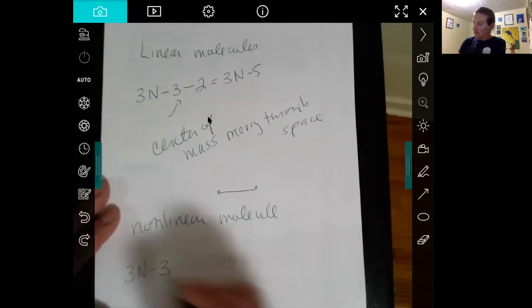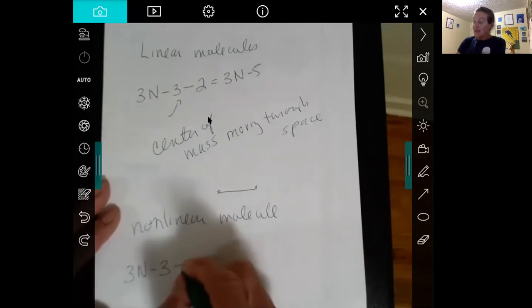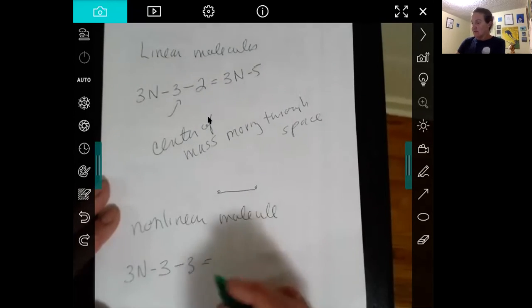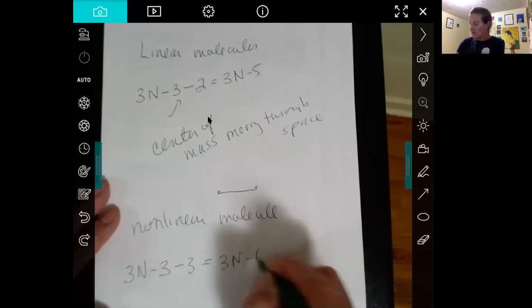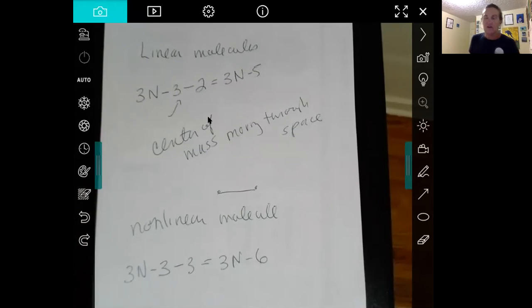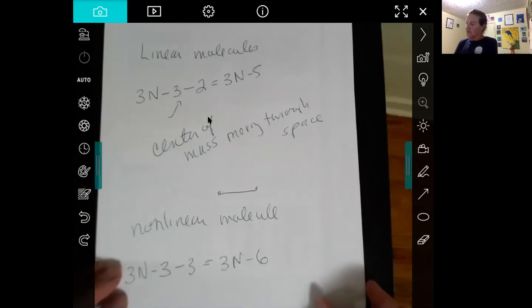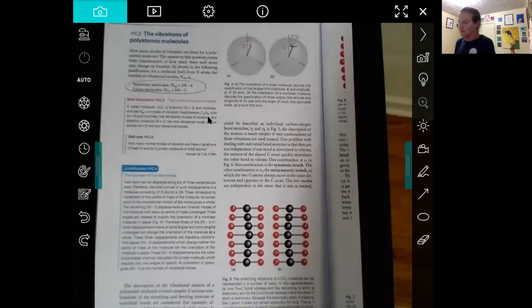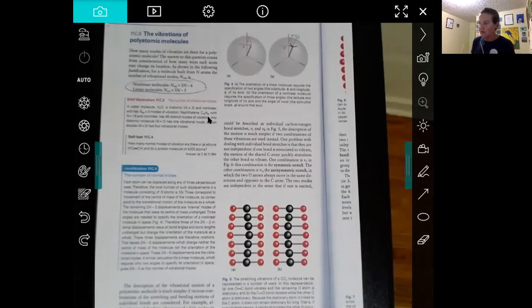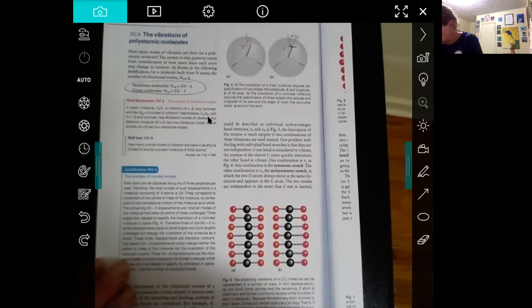The whole molecule can go through space, and it can rotate around 3 different axes. So you end up with 3n minus 6. So if you want to figure out how many possible vibrational modes you have, those are the 2 equations given on page 472 that will allow you to decide how many modes each molecule has.